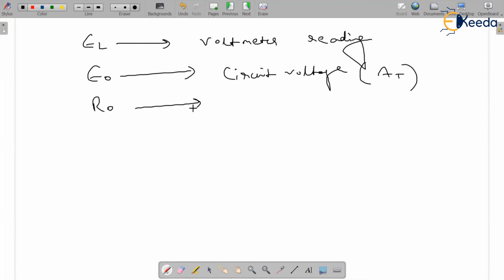R naught gives rise to the circuit resistance. RL gives rise to the voltmeter resistance.